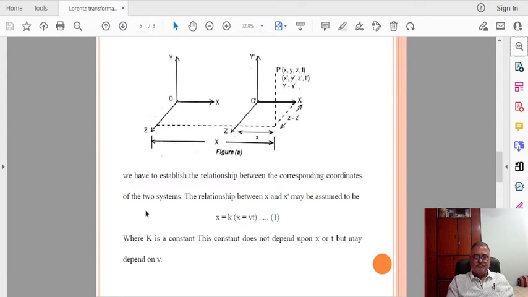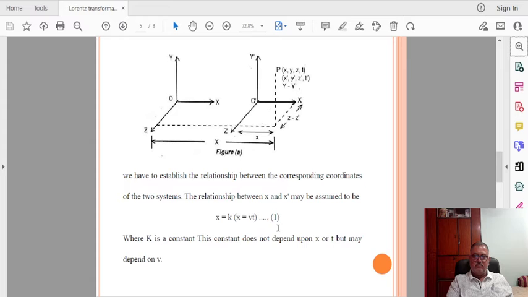See now, here we have to establish the relationship between the corresponding coordinates of the two systems. The relationship between x and x prime may be assumed to be in this way: x prime equals k into (x minus vt).